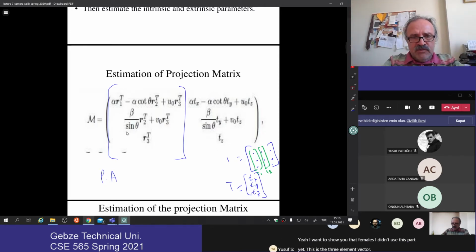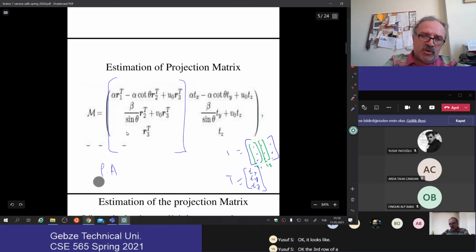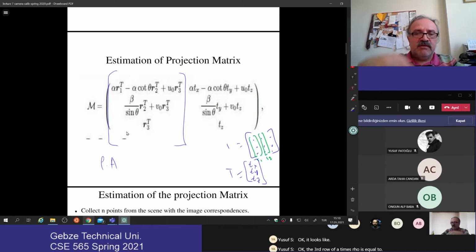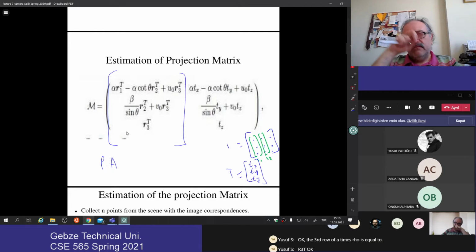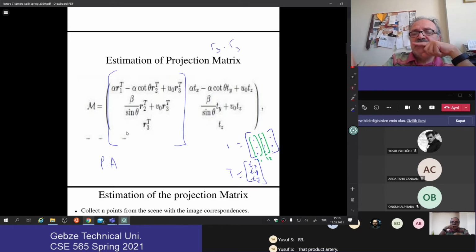It looks like the third row of A times rho is equal to R3 T. What can you tell me about this one? What is R3 dot product R3? Can you tell me anything?